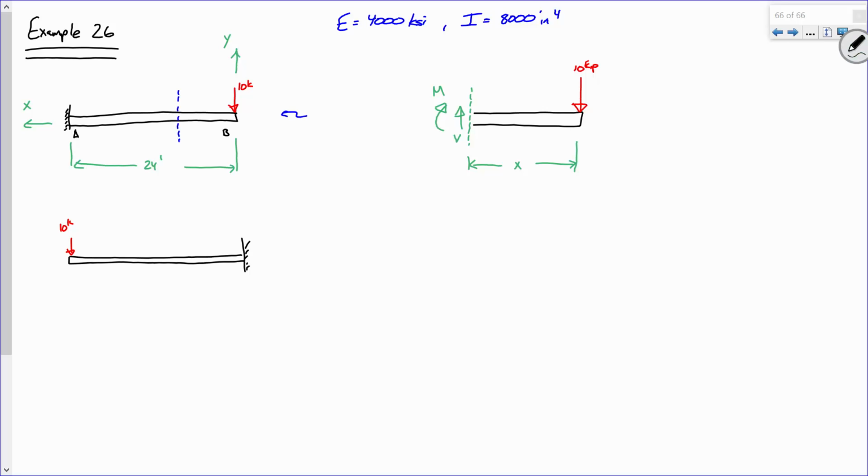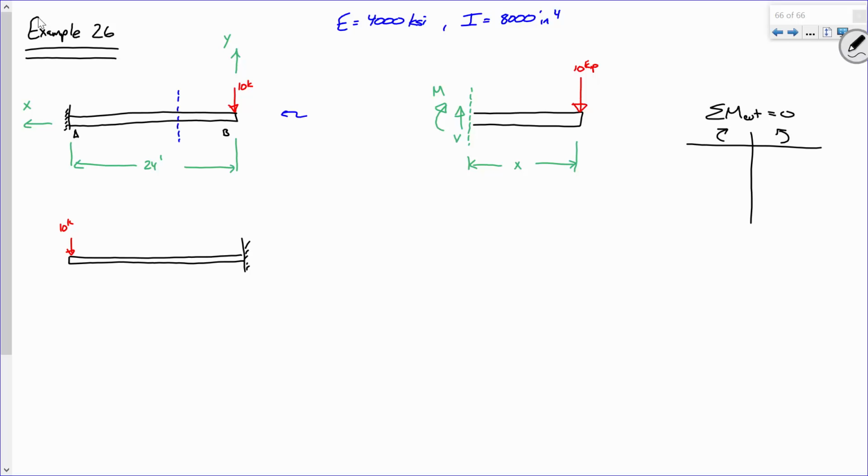All right. So if I sum moments at the cut, I say everything spinning one way has to equal everything spinning the other way. So I'm at the cut. Do I get any moment from shear? If I'm summing moments right there, it'd be V times what? There we go. Getting you all woken up.